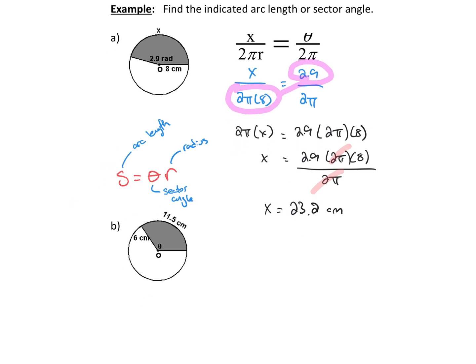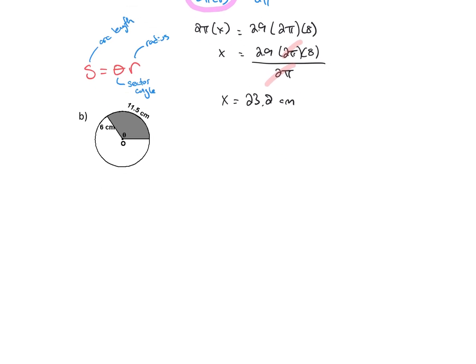Okay, next question, same idea. So let's see if we can use S equals theta r here. We know S, it's 11.5 centimeters. We don't know theta, in fact, that's what we're trying to find, and the radius is just 6. So theta, which is measured in radians, is going to be 11.5 over 6.